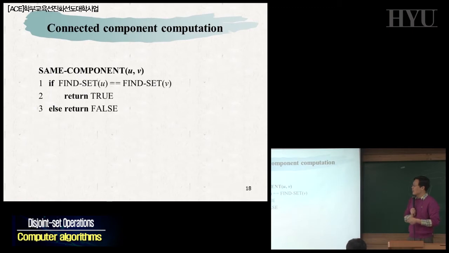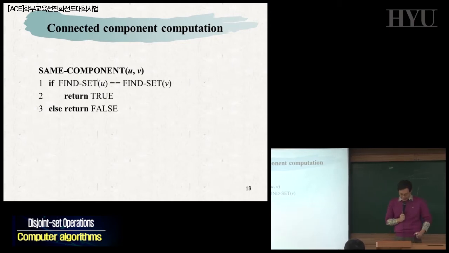And this is a simple pseudocode to check if two vertices U and V are in the same connected components. Can you explain this pseudocode?